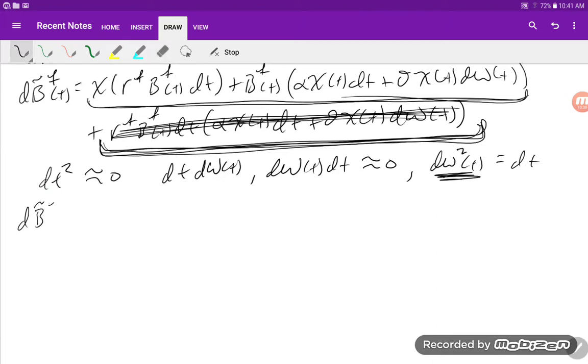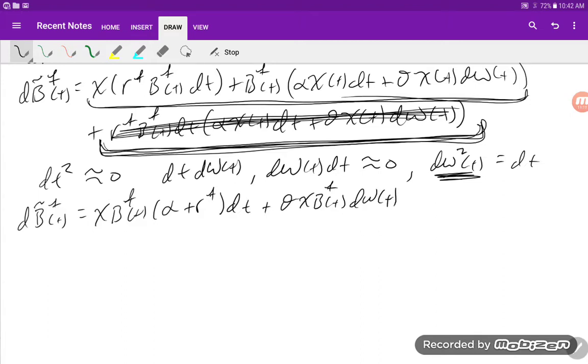that d b tilde f is going to be equal to, I'll do this in two parts just to make it very clear. It's going to be x bft times alpha plus rf dt plus sigma x bf. You could have a t dependence in these x's too. I for some reason dropped that, but whatever. dwt.